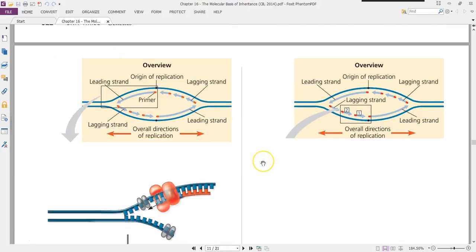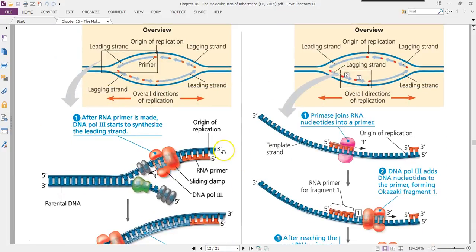So the way that works is something called primase, another enzyme, first has to lay down something called an RNA primer, which is a very short sequence of RNA nucleotides. It matches those nucleotides up to the parental strand, by the way.